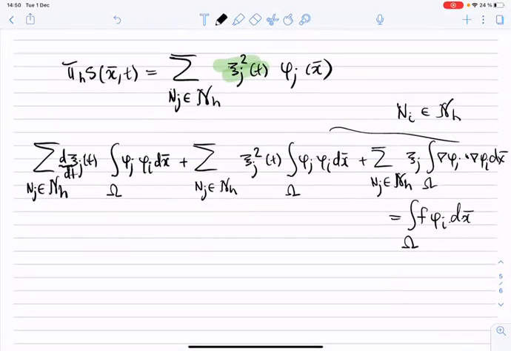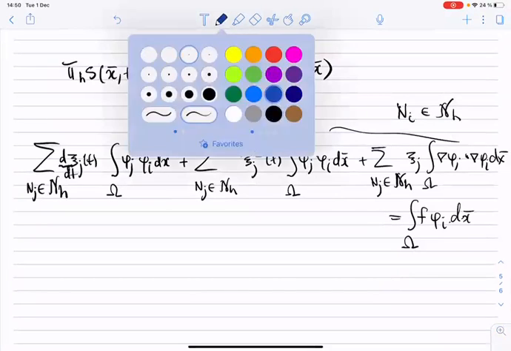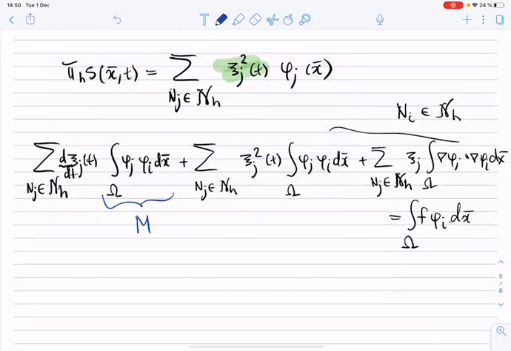And we can quickly see that this is the usual mass matrix. That one is also a mass matrix. But here it is the stiffness matrix. And this one is like the right-hand side.